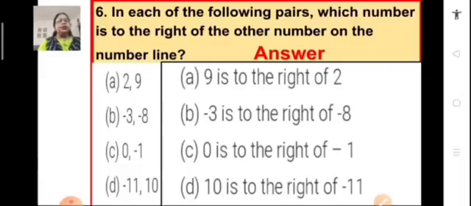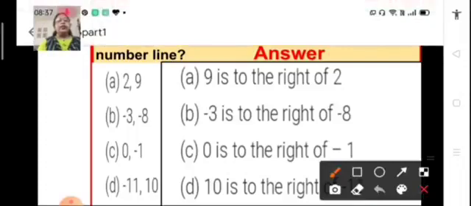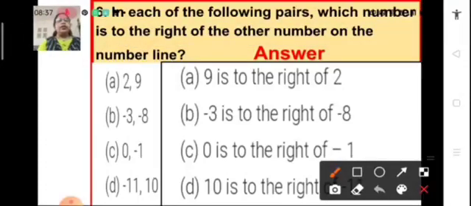B, negative 3, negative 8. Negative 3 is to the right of negative 8. Because in the negative integers, when the number is smaller, its value is higher.